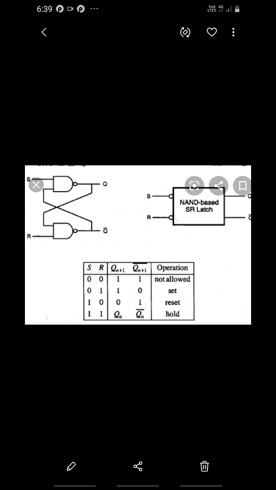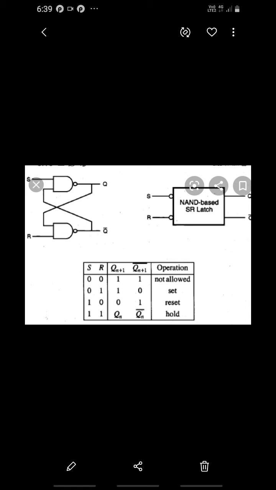And here 1 and 1 0. So it is Q is 1, Q bar is 0, so it is a set state.